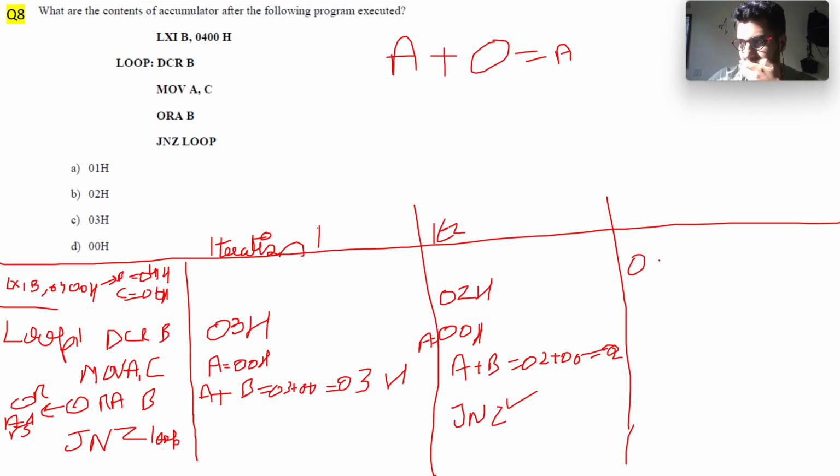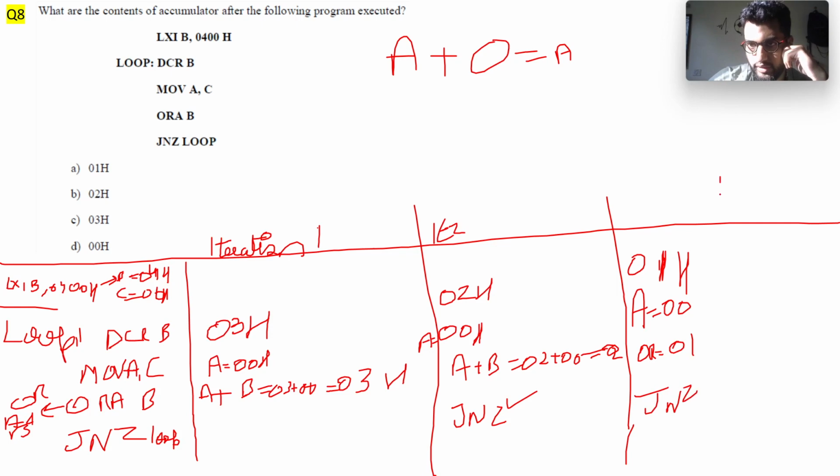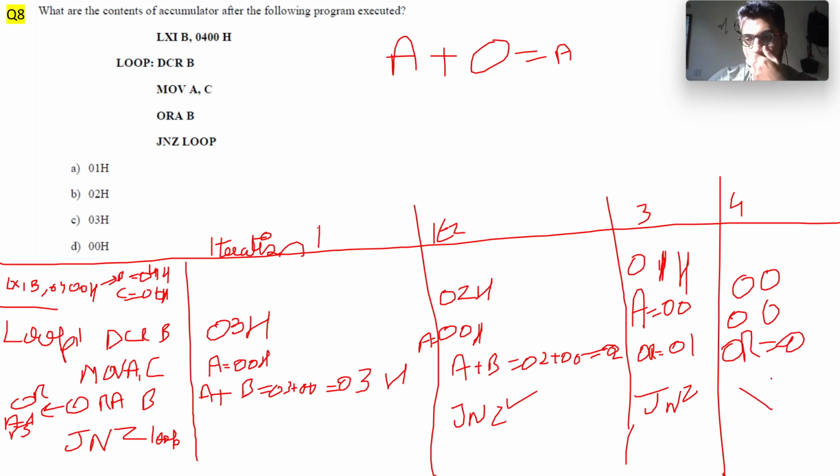A is 02, and now B is decremented, so B will be 01 hex. A gets the contents of C, that is 00. The OR operation between A and B gives 01. Again this condition is met, so we are now in iteration 4. Decrement B, so B will be 00. A is 00, and after the OR operation I get 00. Now this condition is not met.